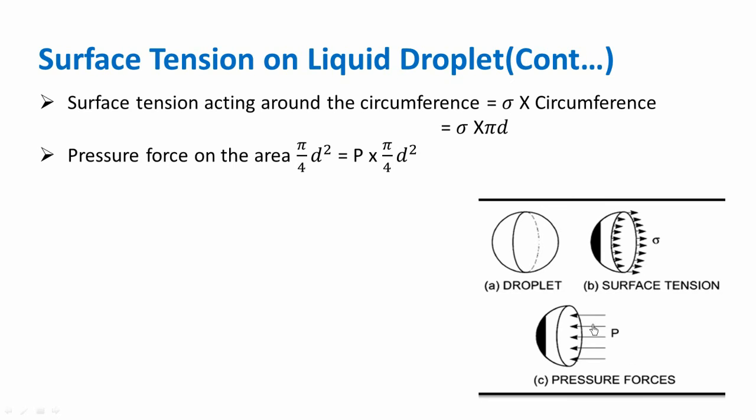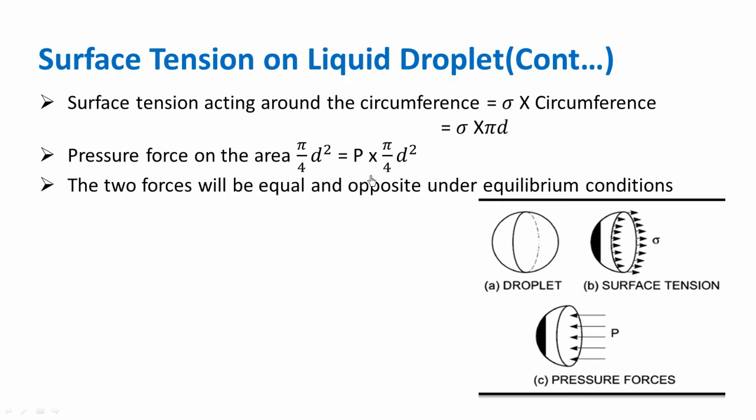Then the pressure acting inside this area. We can see it is acting throughout the inside. So it is written as P, the pressure, into the area, pi by 4 d square. So this is the pressure force acting inside. Then we equate these two forces, because we have only these two forces in the x direction. We write P into pi by 4 d square equal to sigma into pi d.